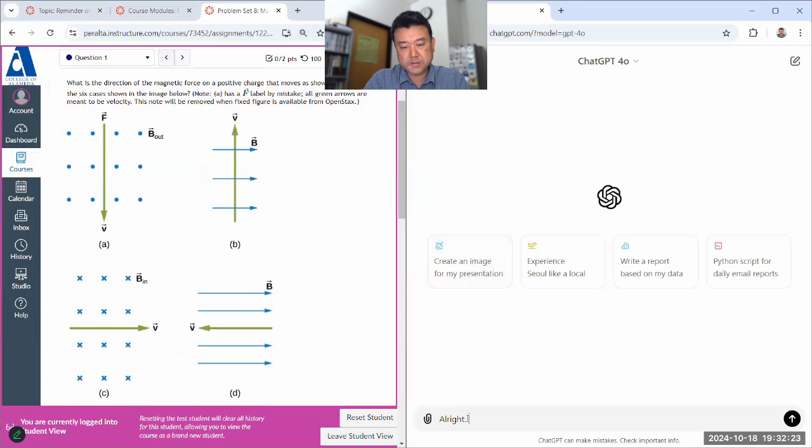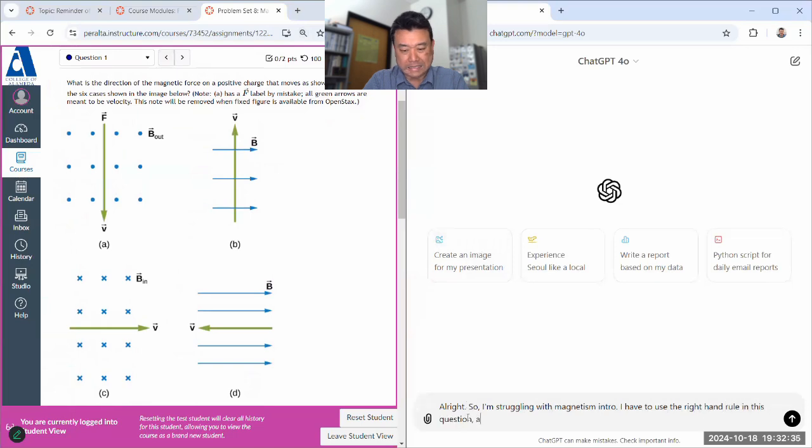All right, so I'm struggling with the magnetism intro. I have to use the right hand rule in this question, and I'd like some answer keys to make sure I got it right.